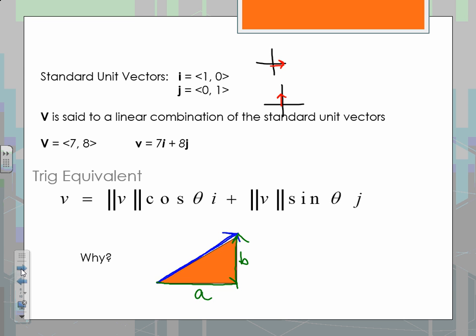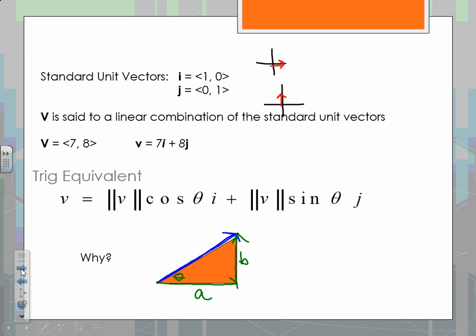Gonna share it. So here's our horizontal component A, here's our vertical component B. So this angle right here is how we can describe the direction of our vector. The 30-degree angle could help us describe the direction of our vector. Now, let's talk about why this is what it is.